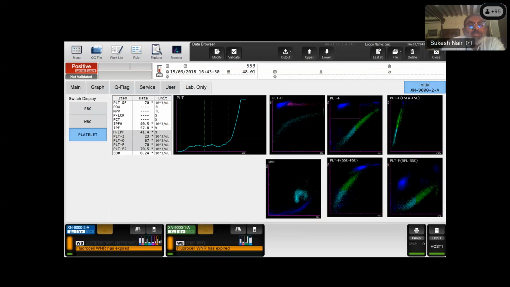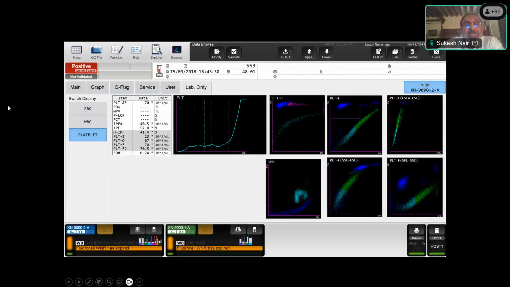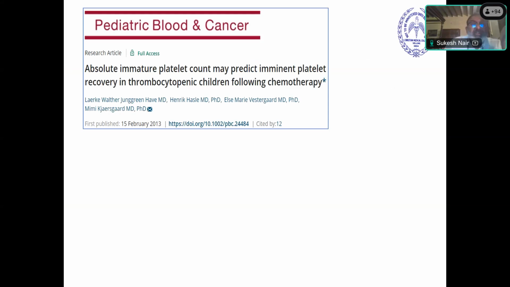So in this scenario, there's another parameter that comes up, which is called the IPF, immature platelet fraction. I don't like using that word fraction, but IPF comes up here. And we found that in patients with thrombocytopenia, IPF can predict recovery based on certain papers.